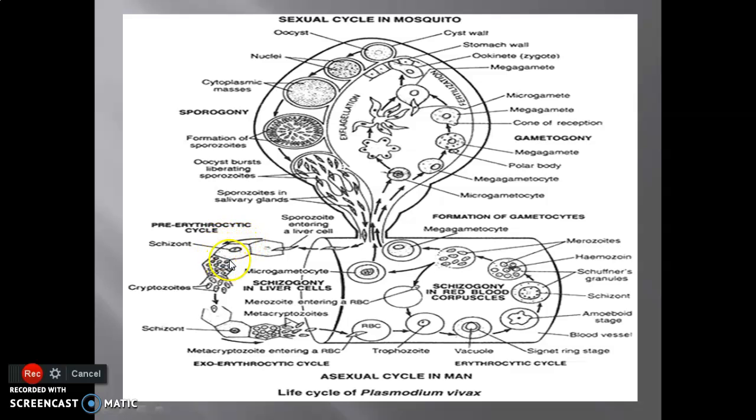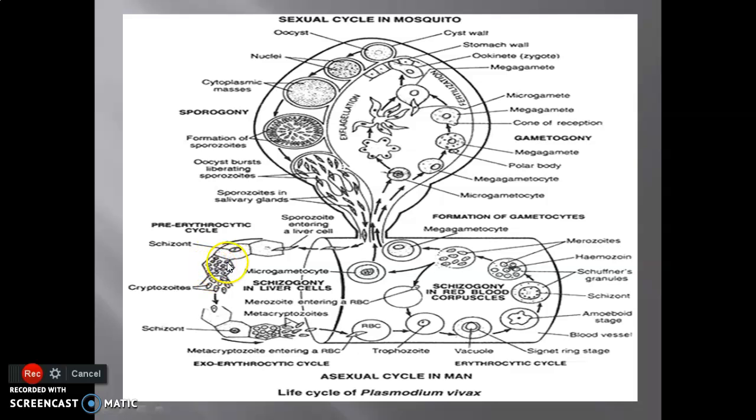This schizont in the liver cell is formed after entry of the sporozoite. The sporozoite uses liver cell material as food for itself. Then this schizont divides asexually in the liver cell. That's why this stage is also called liver schizogony.